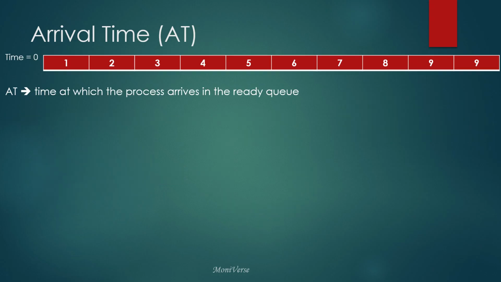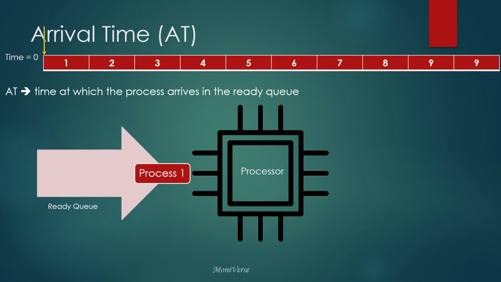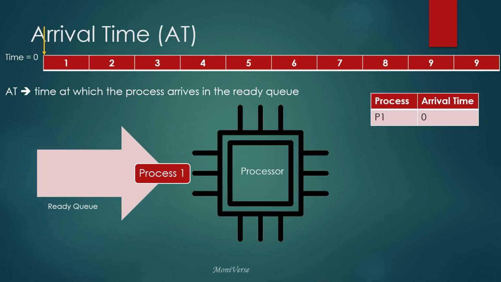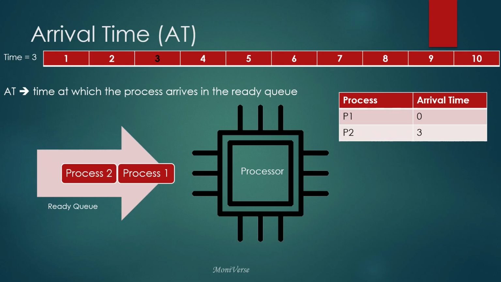Let us consider another example. We are considering this diagram as the processor, and the time is 0. Now process 1 enters the ready queue, so the arrival time of process 1 is 0. Next, at time 3, another process, process 2, enters, so the arrival time of process 2 is 3.